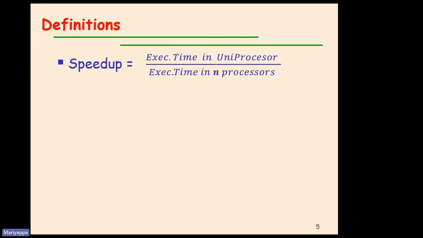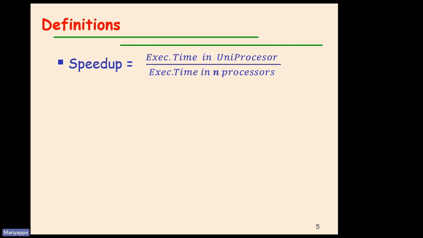Okay. Now, before we go into the parallelization stuff, I just wanted to quickly talk about a thing called speedup. Speedup is important because when you take your application and parallelize it, you want to see the benefits of parallelization.